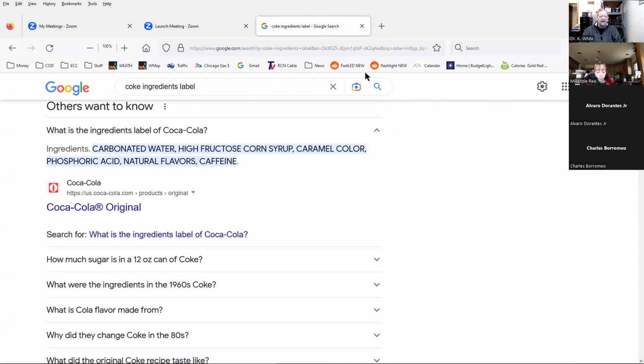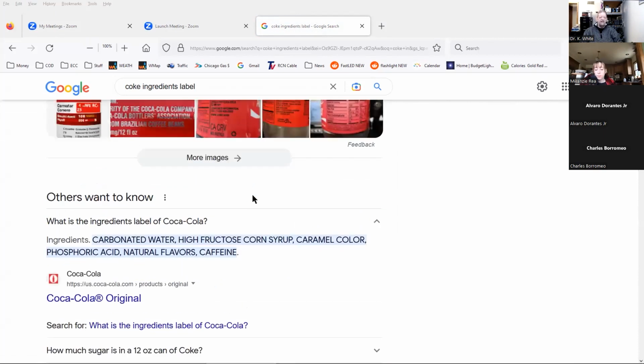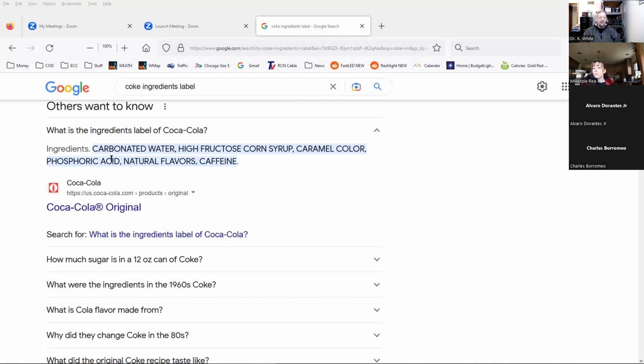Let me make sure you can. All right, everybody see the ingredients label of Coca-Cola? And right here, carbonated water. And there you see high fructose corn syrup. And that's there to make it sweet. Now, many, many years ago, that used to be sucrose.